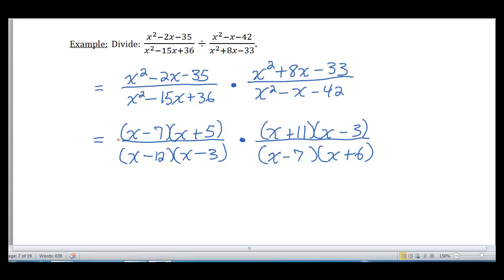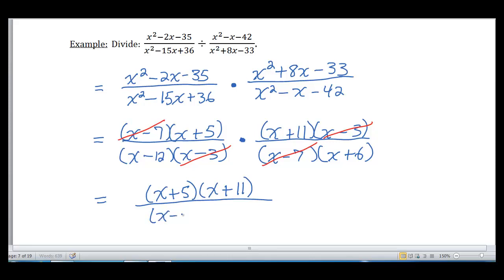All right, so if you look, x minus 7, x minus 7. I have x minus 3 here, cancels with that x minus 3 there. All right, and so those are the only things that cancel, so we are ready to multiply across and write everything as one single fraction. I have x plus 5 times x plus 11 all over x minus 12 times x plus 6.